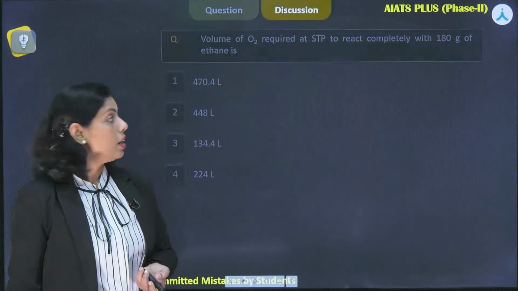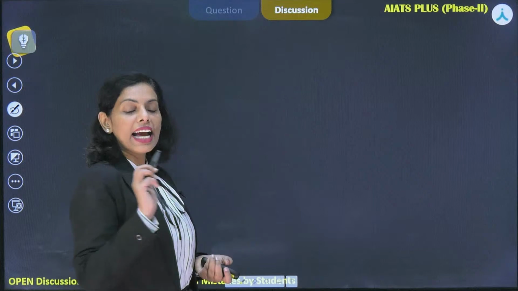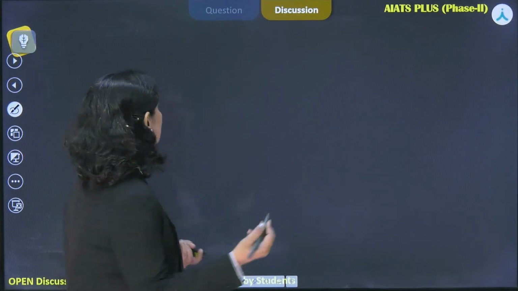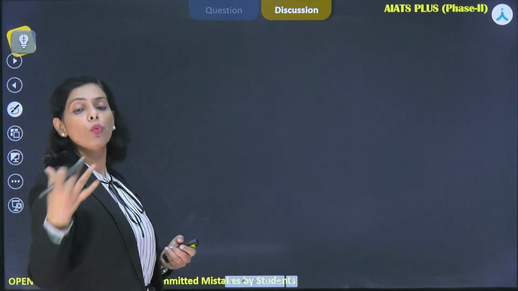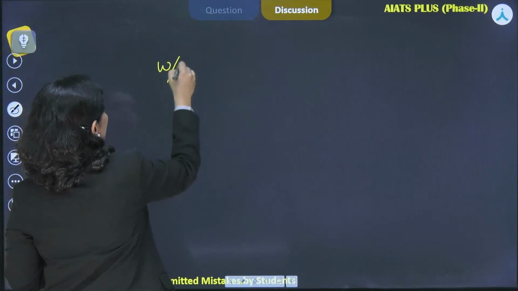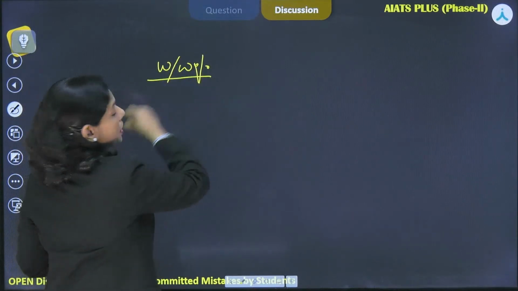Done? Now, Lakshmi just asked that calculating mass percentage is difficult. So, it's not difficult. Mass percentage, suppose in a particular compound you want to find out. So, the simple formula that we use for the weight by weight percent or the mass percentage, what it is?